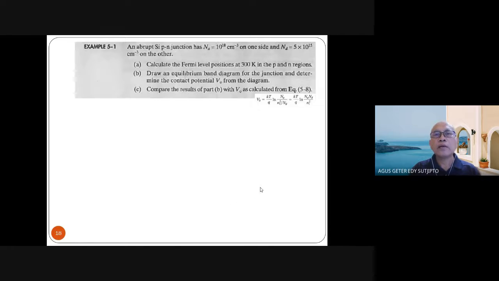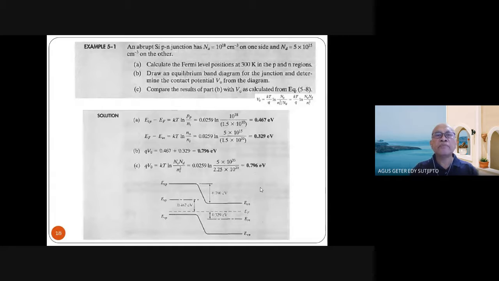And we have an example here. An silicon PN junction has an acceptor number of 10 power 18 per cubic centimeter on one side, and the other side with donor impurity of 5 times 10 power 15 per cubic centimeter.